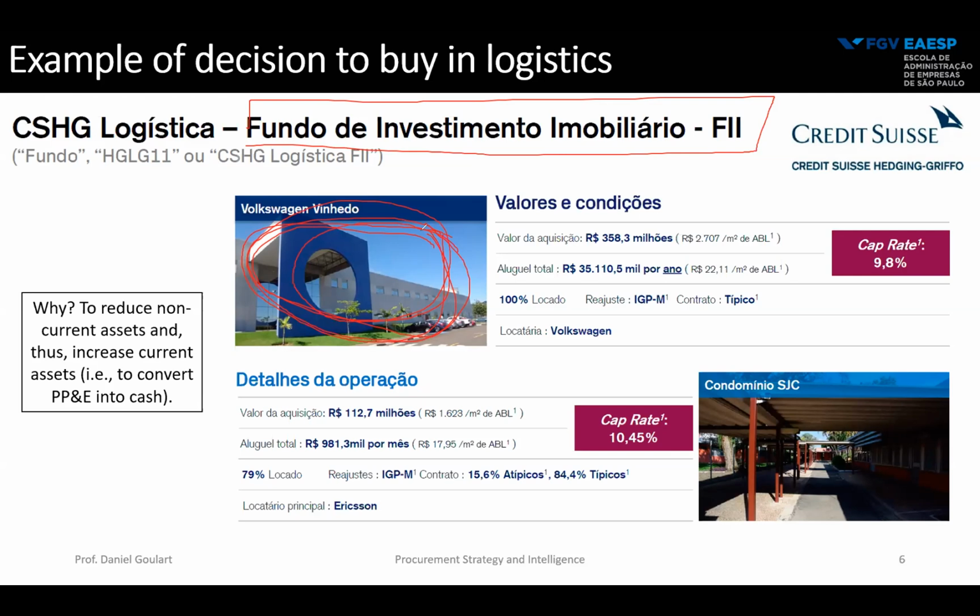And this means liquidity. And this means also the maintenance of operational performance, because I am not the owner of the asset, but I use the asset as if I was the owner. Okay, I'll give you the word in a minute, Gabriel.